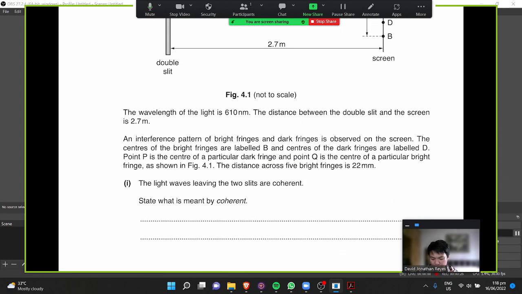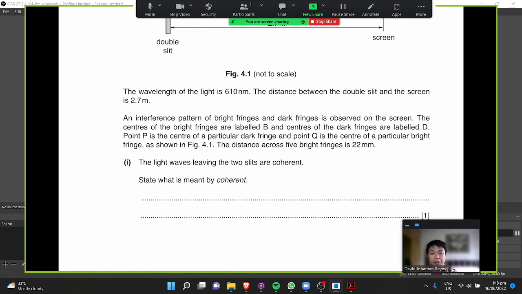Okay. For the first question here, you're asked what is meant by coherent. Now, coherent is actually having a constant phase difference.